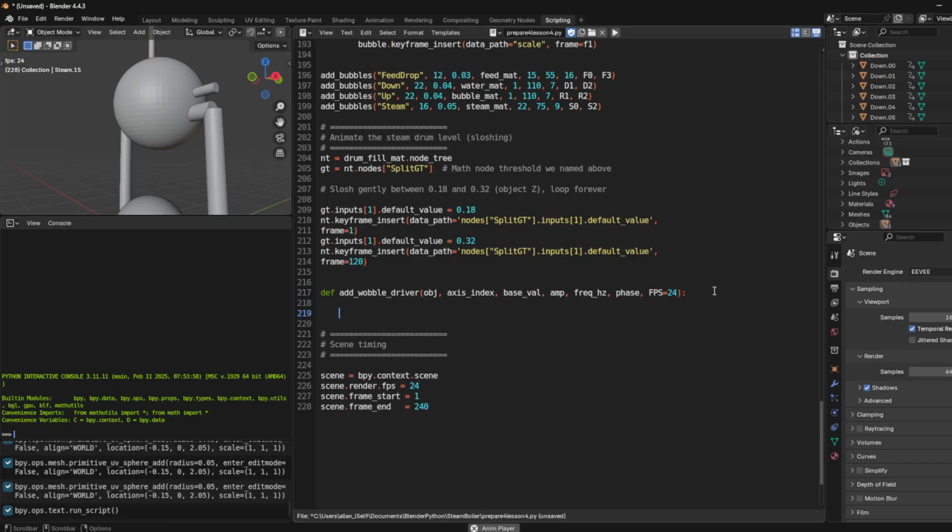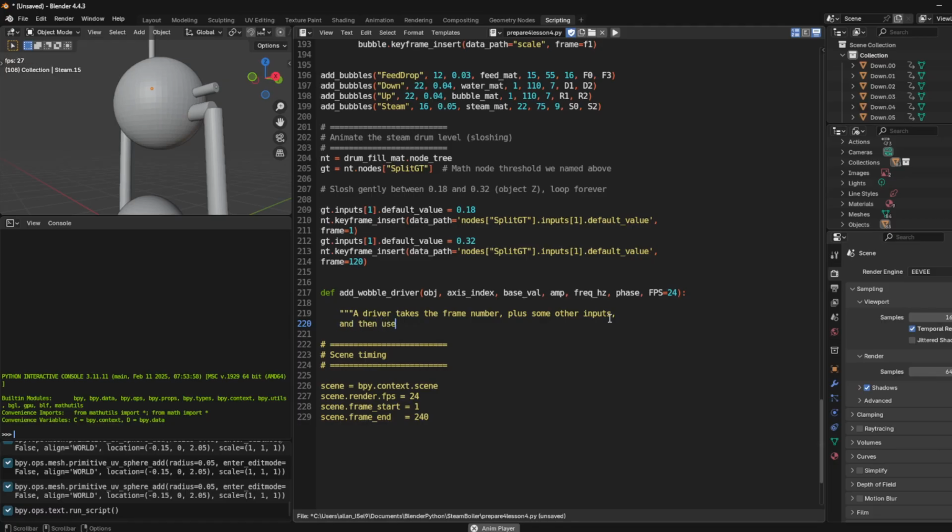Now let's add a comment that tells us what we want to do. A driver takes as input the frame number plus some other inputs. FPS is frames per second, and the phase is... pretty sure.